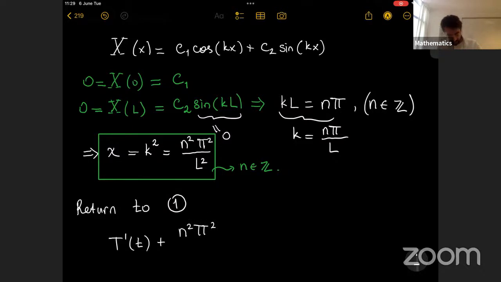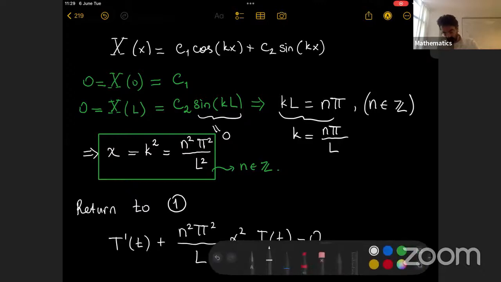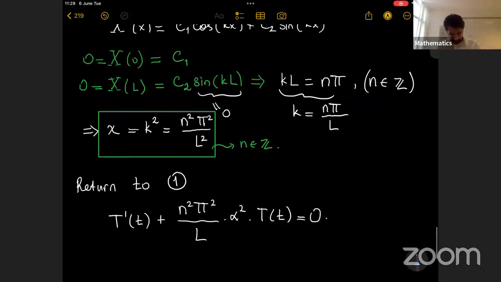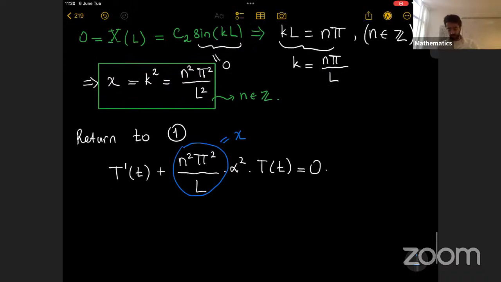This is lambda times alpha square times T(t) equal to 0. Here this is lambda, okay? Now we try to solve this one.